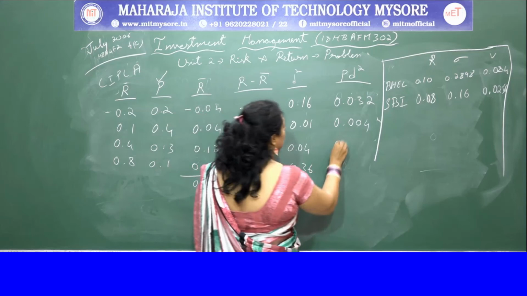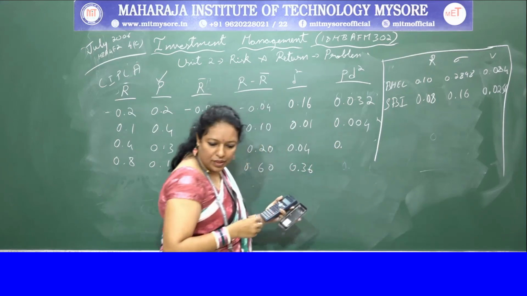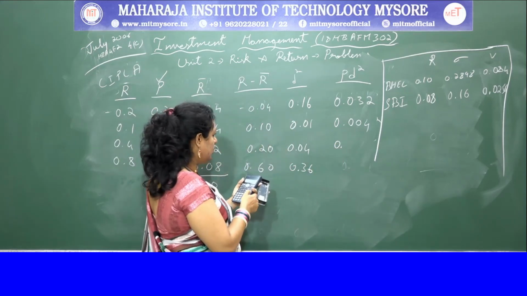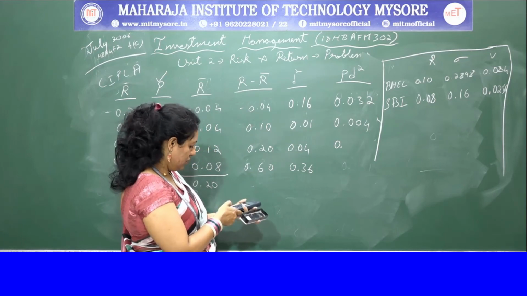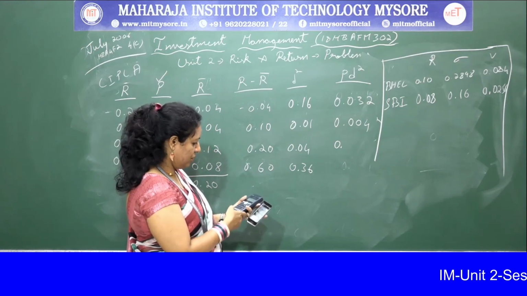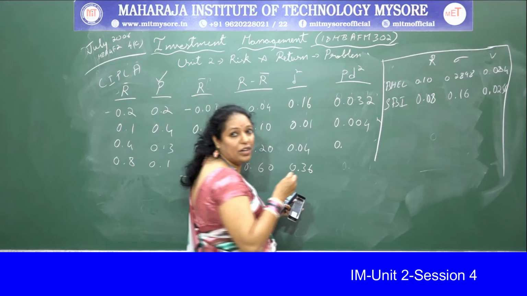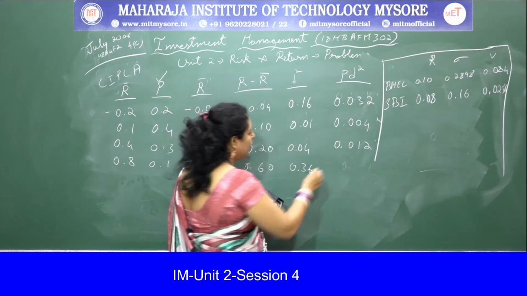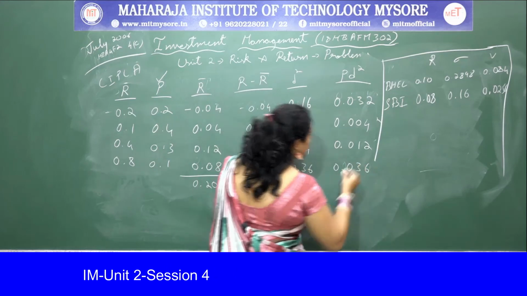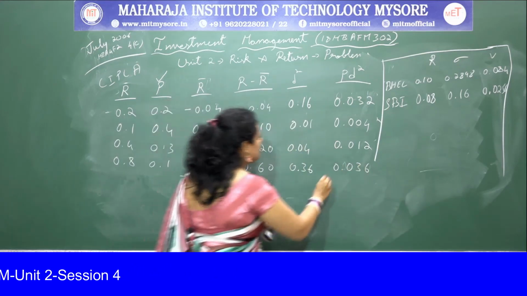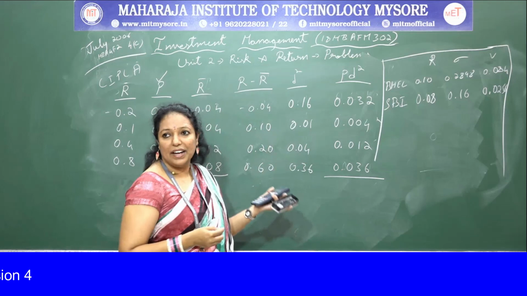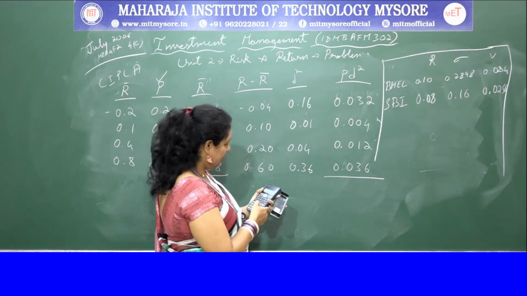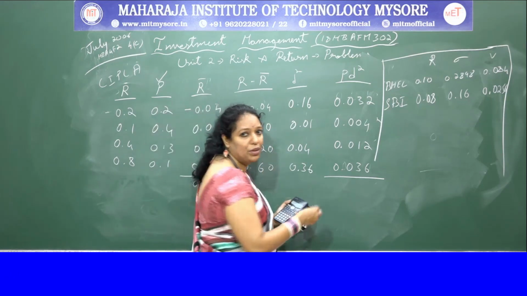Okay, then you have 0.04 into 0.04. You have 0.012. Okay, then you have 0.036. Okay, so total we are going to add up these all.